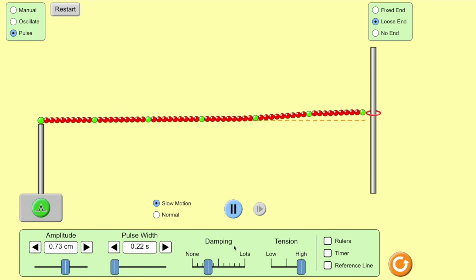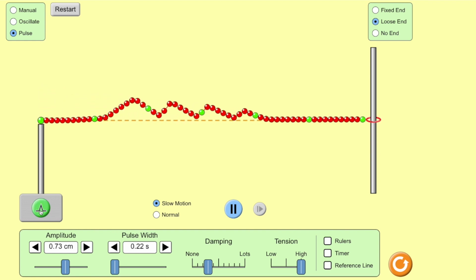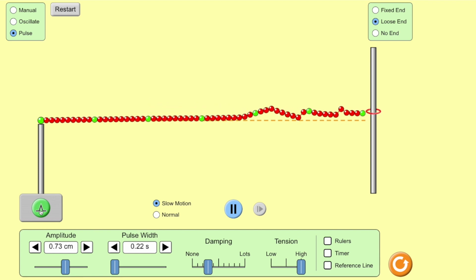In this case the pulse width is acting like the wavelength. So the shorter the pulse width, the higher the frequency it gets. Okay, you can even click it consecutively and you'll get even more waves.